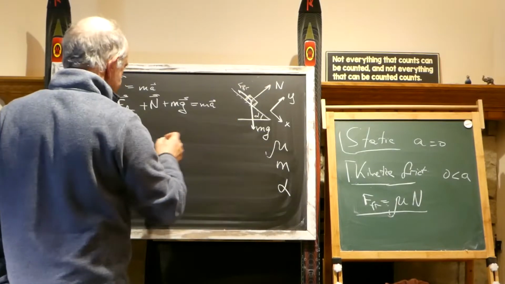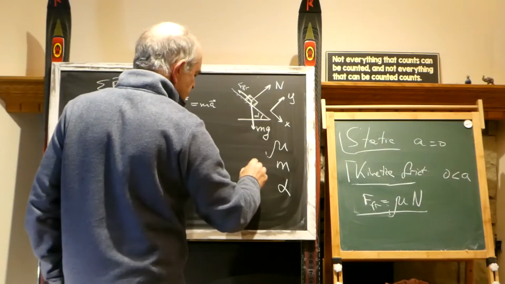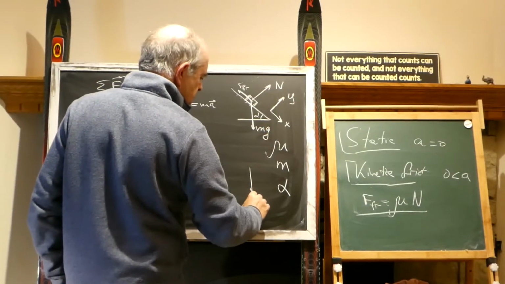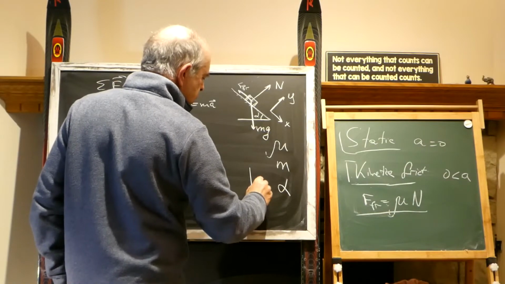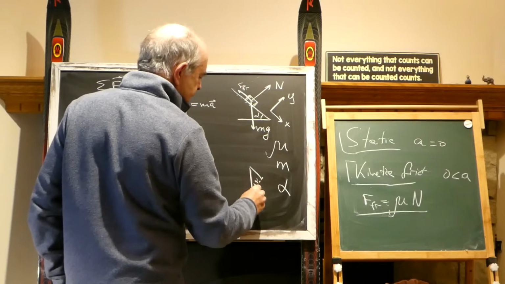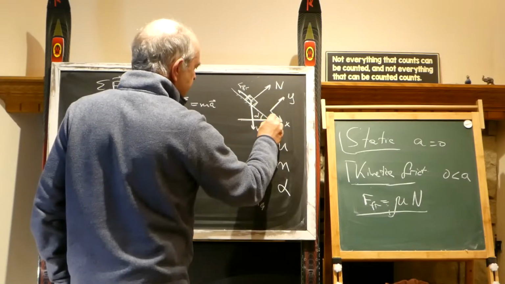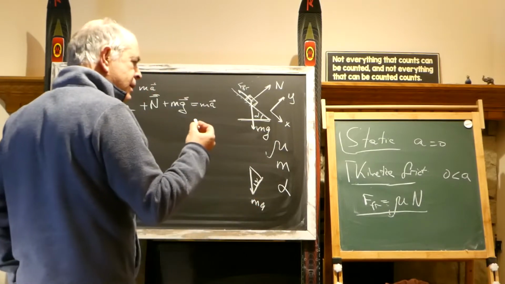Projection along x. We have mg, and so again I would draw this picture like before, mg and this alpha. This is alpha because this angle and this angle are the same. Why are they the same?